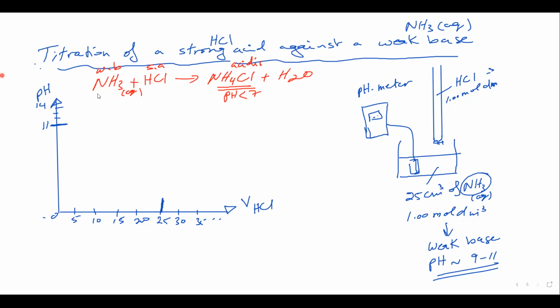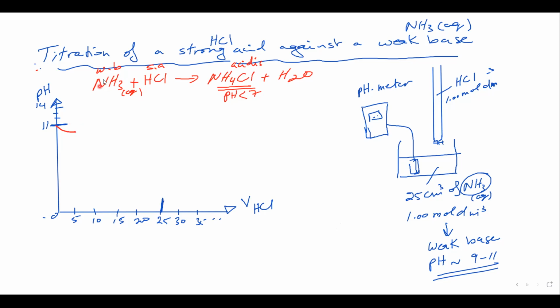We'll see that at the beginning there will be a drop in pH. You see? I didn't draw the pH curve like I did in the previous two cases. No, there was a drop in pH, and that's because the salt formed is now acidic.